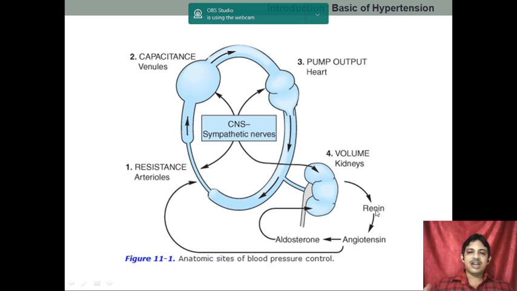So the renin-angiotensin system is responsible for long term regulation, and the sympathetic system is responsible for short term regulation. This is the basics of how blood pressure is regulated in our body. In the next part we are going to see what drugs there are and how those drugs act to control hypertension.